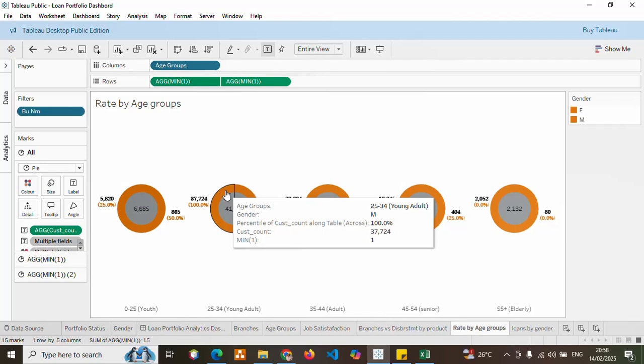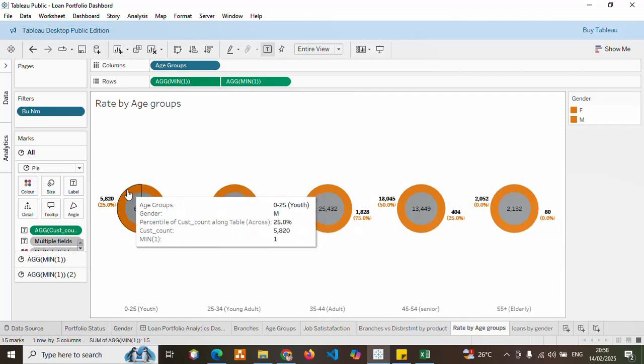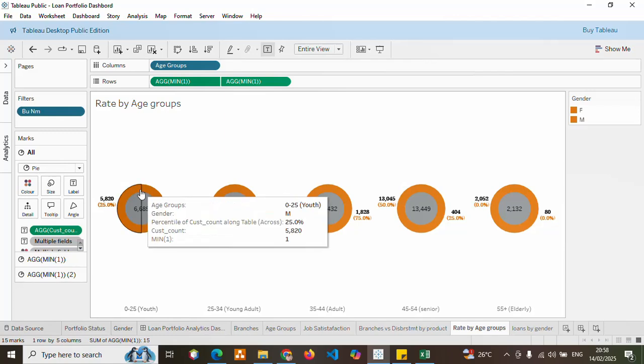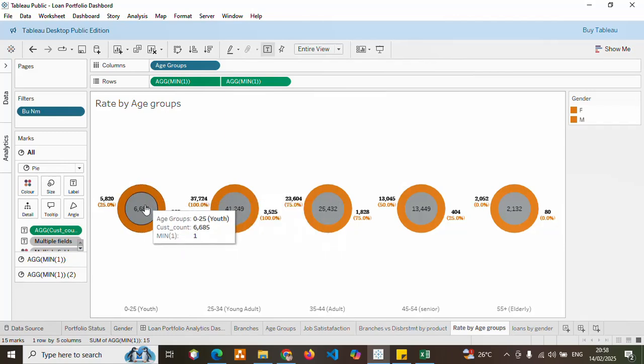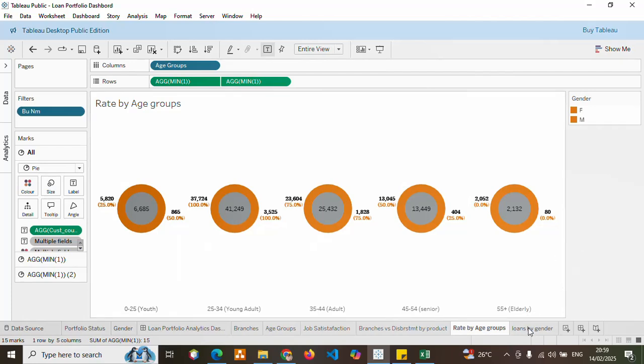And the loans they have taken, at which percentage? So you will clearly see that the outer circle shows me male gender, while the inner circle shows me female gender. It also looks at grouping or rating age groups to help the bank do proper analysis before or after disbursing these loans.